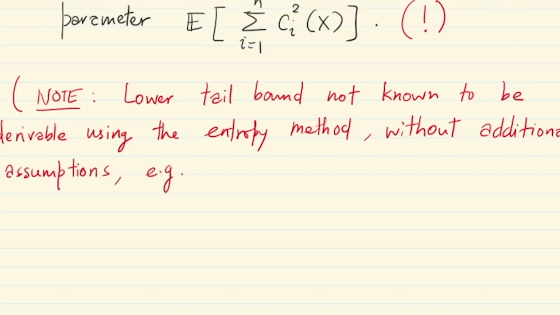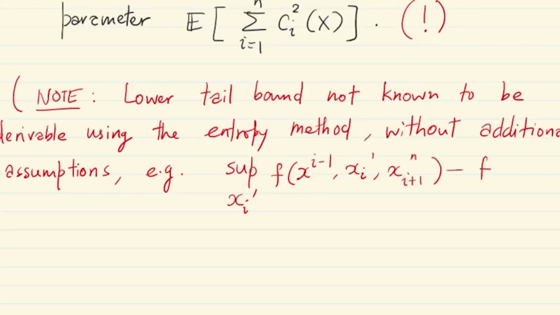So one example of an assumption that gives you a lower tail bound via the entropy method, which is there in the concentration inequality textbook, is of the following form: if you consider maximizing f at the ith location when all else is fixed, xi plus 1 to n, and take the difference of this with the original f of x, then for instance this must be bounded by 1 almost surely.